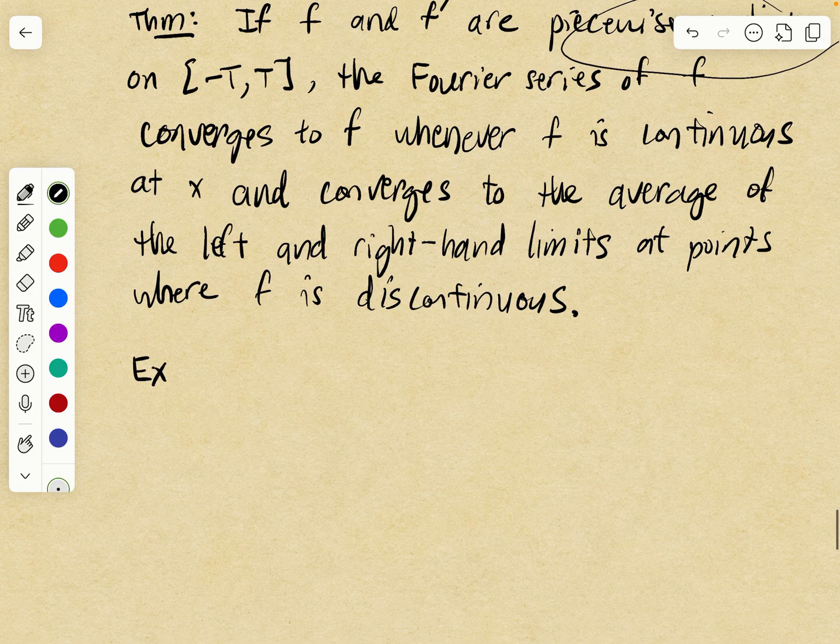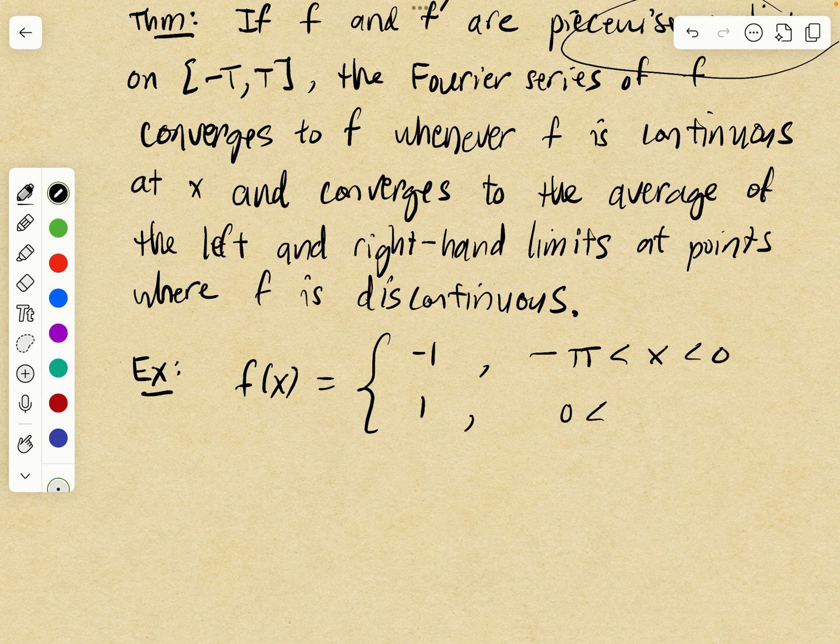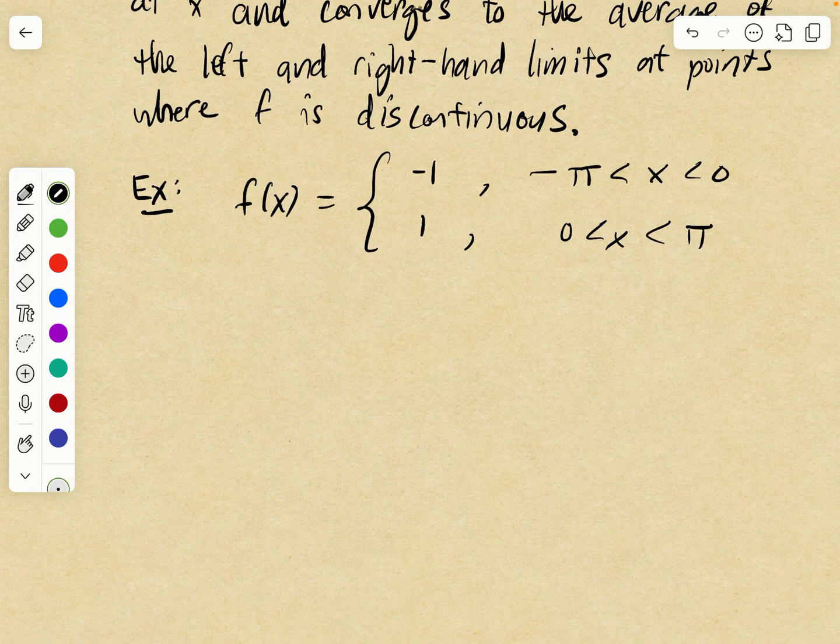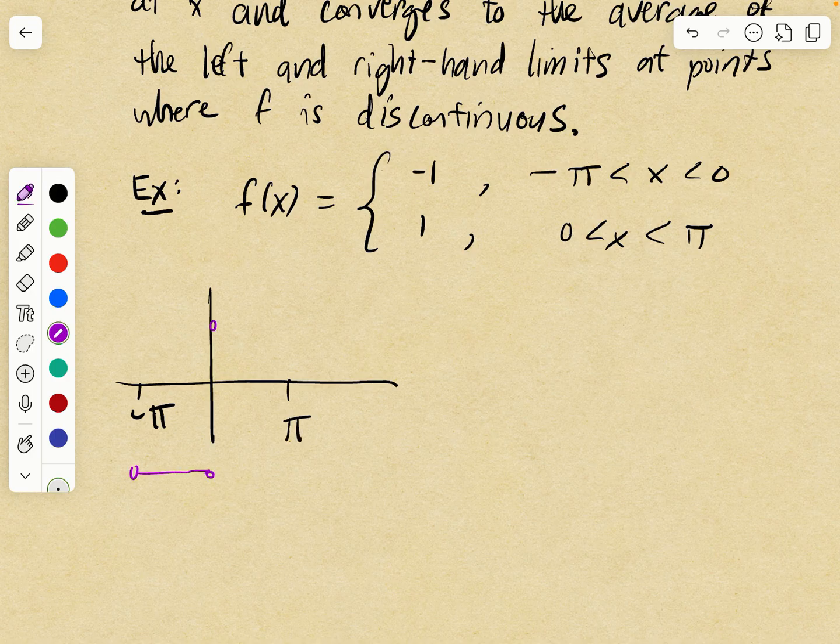So let's say that f of x is this piecewise function which is -1 when x is between negative pi and 0, and 1 when x is between 0 and pi. So what this function looks like is, here's -1, here's 1, negative pi, and then this function is negative 1 from negative pi to 0, and it's 1 from 0 to pi, like this.